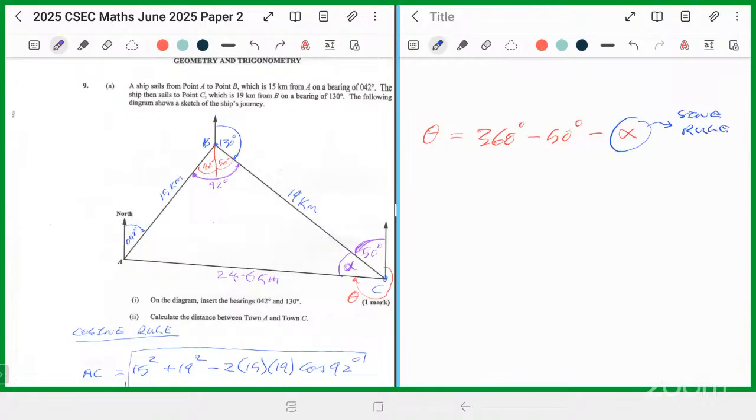Start with what you want to find: sine of alpha over the side opposite alpha, which is 15, equals sine of the angle that we know, 92, over the side opposite the 92, which is 24.6 that we just found.